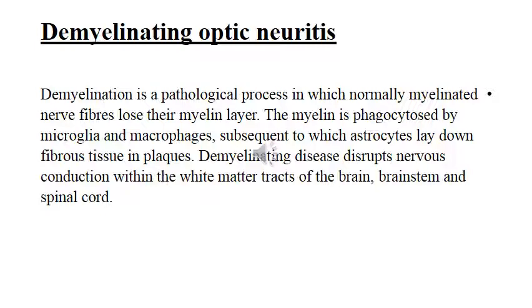Fibrous tissue doesn't function like the myelin sheath. There will be disruption of nervous conduction through the central nervous system, and this will result in the clinical manifestation of multiple sclerosis in association with demyelinating optic neuritis.